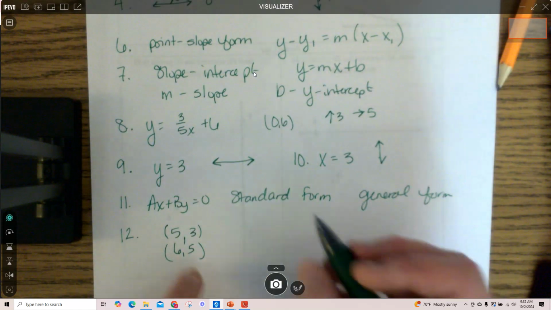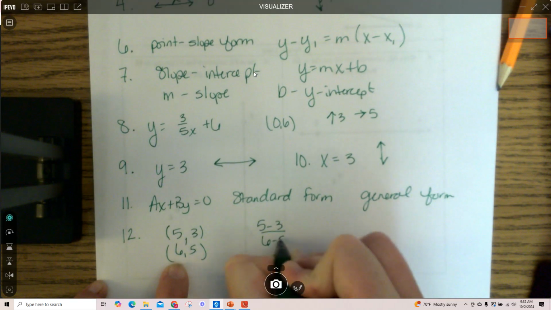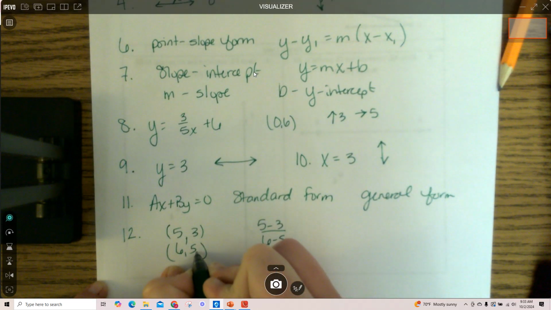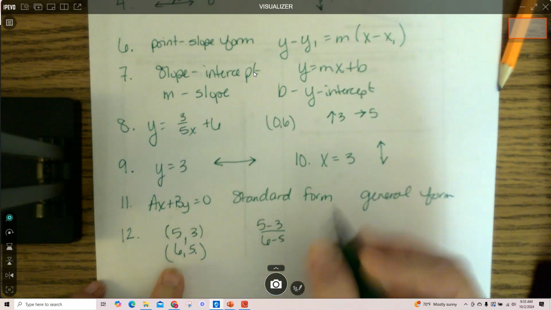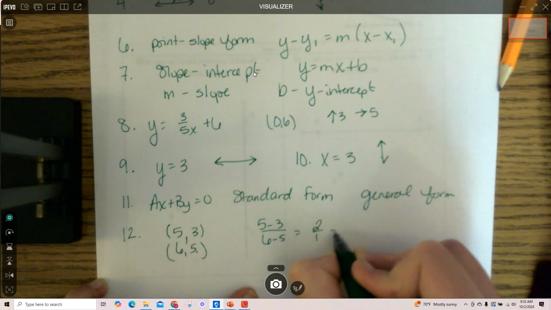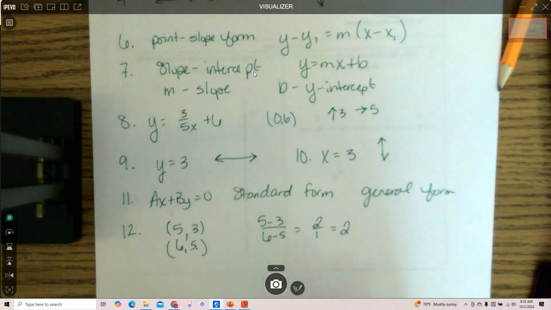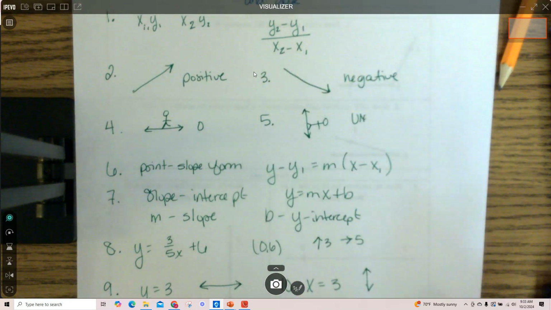I would do 5 minus 3 over 6 minus 5. If this 5 comes first, then this 6 has to come first in the x portion. So 5 minus 3 is 2, 6 minus 5 is 1, 2 over 1 simplifies to 2. And that's using the slope formula.